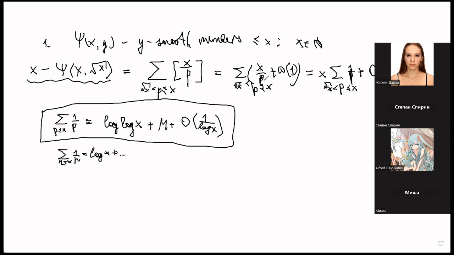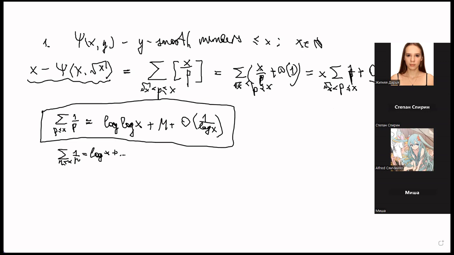Because 1 over primes, and we get the number of primes, yes, pi of x. But we only count the primes that are bigger than square root of x, so pi of x minus pi of square root of x.